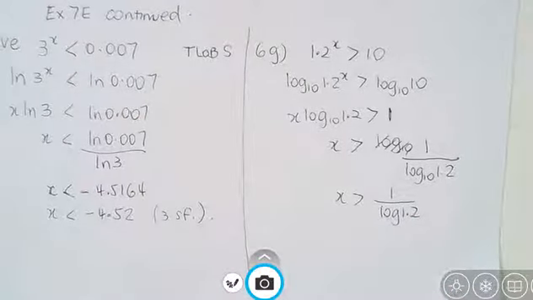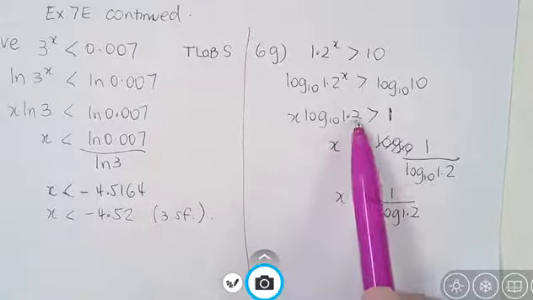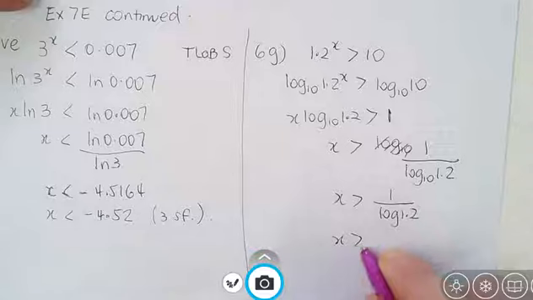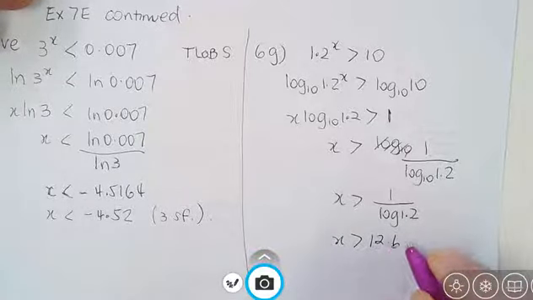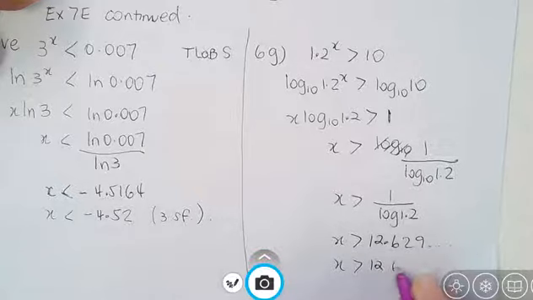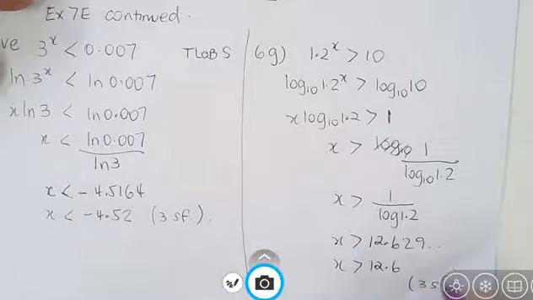Now log of 1.2, that's positive. So if you just do that on your calculator, you can see that it's a positive answer, so it's fine. So 1 divided by log of 1.2, you'll get x is greater than 12.6, to 3 significant figures.